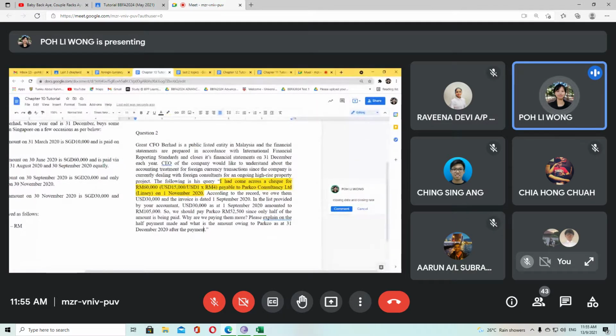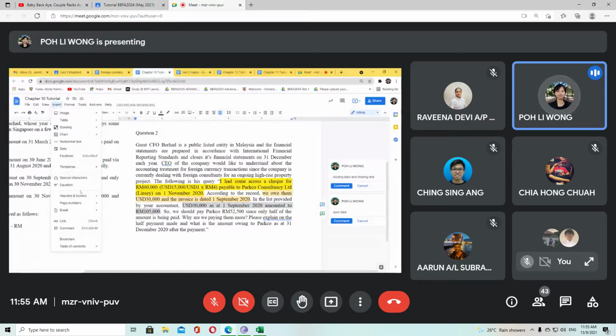According to the record, we owe them 30,000 and the invoice is dated 1st September 2020. So this is the spot date. In the list provided, USD 30,000 amounted to 105,000. So this is calculated based on the spot rate.